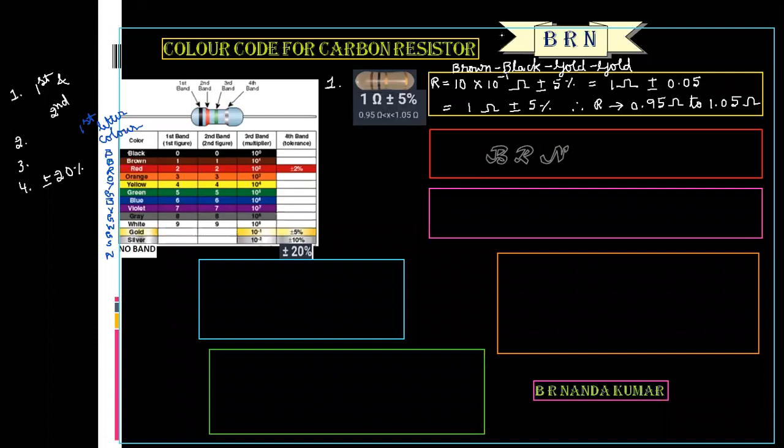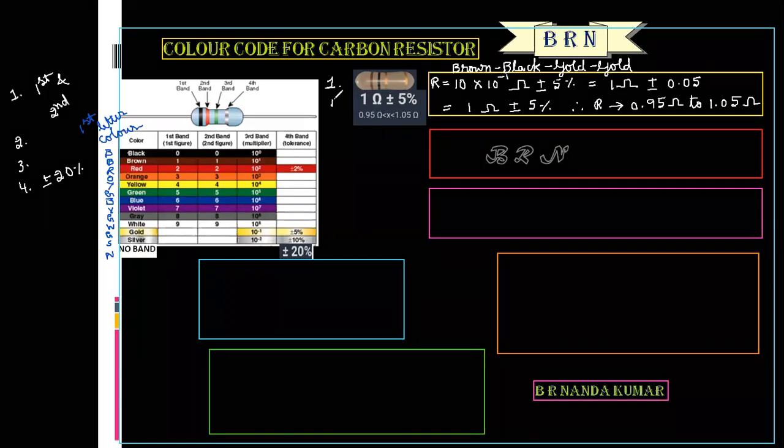So resistance value, that is R is equal to 1 ohm plus or minus 5%. So the value of resistance lies in between 0.95 ohm to 1.05 ohm. Okay.